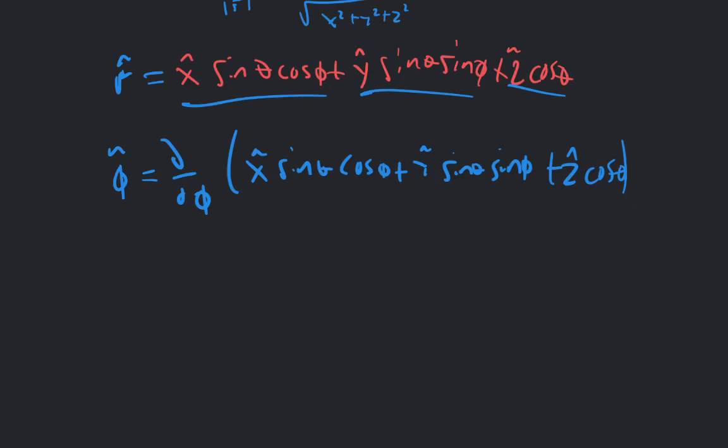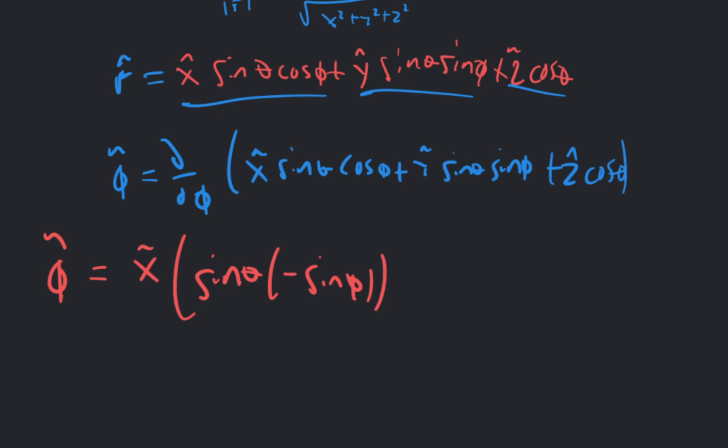And once we differentiate this, we get phi vector is equal to x unit times sine theta times the derivative of cosine phi, which is minus sine of phi, and then plus y unit of sine theta, and this is going to be cosine phi.